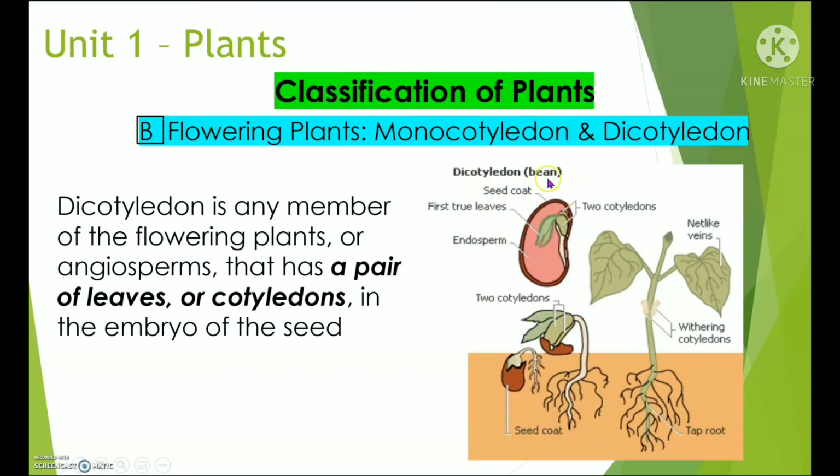So this is an example of a dicotyledon. Okay, the example is a bean seed and a bean plant. Dicotyledon or dicots has a pair, meaning they have two. They have a pair of leaves or they have two cotyledons, this side and the other side.